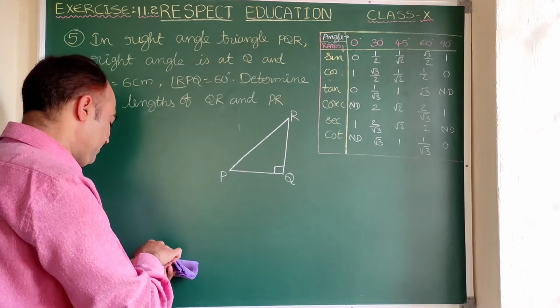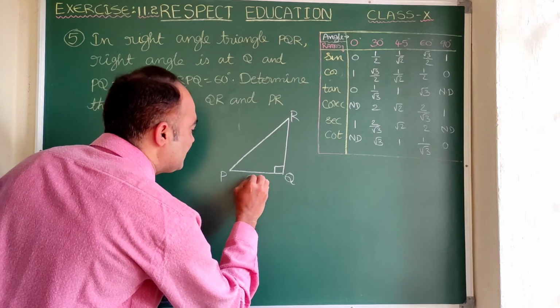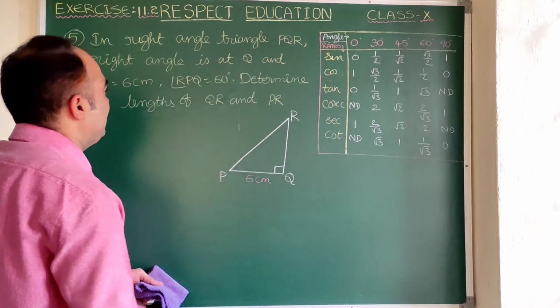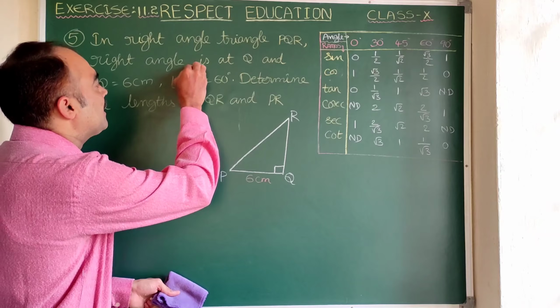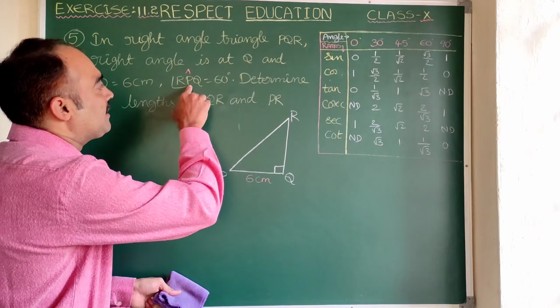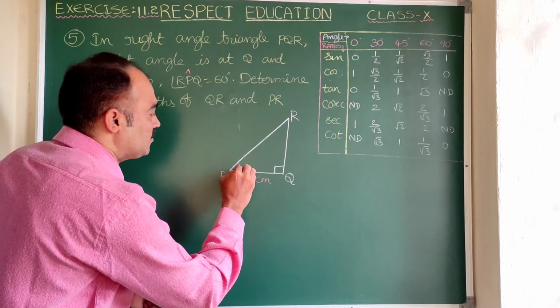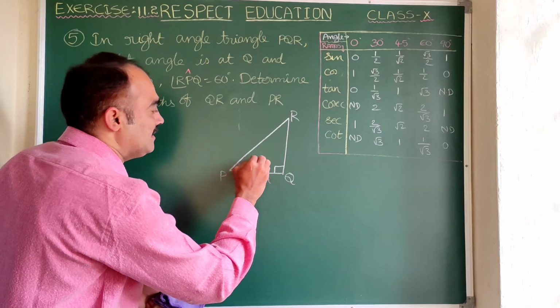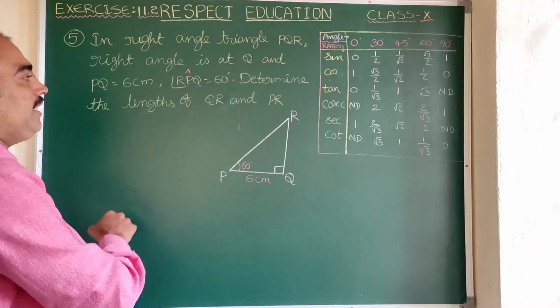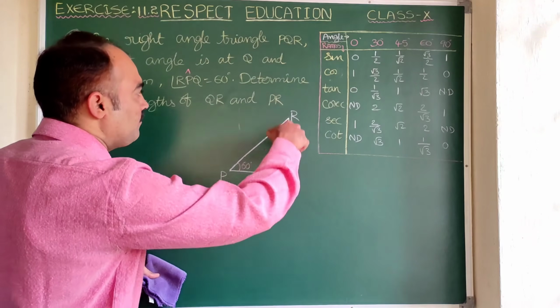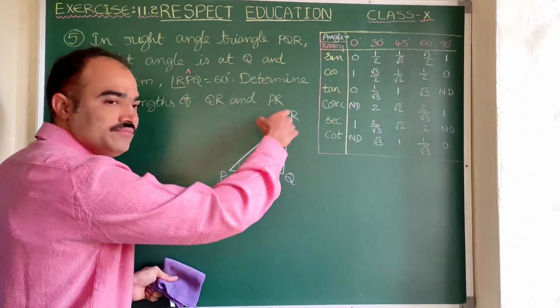This PQ, here PQ is 6 centimeter. Next, angle RPQ. Here you observe the middle letter is P. So that is the angle at P, 60 degrees. So here this is 60 degrees. It is called RPQ. Now the question is to determine the lengths of QR and PR.